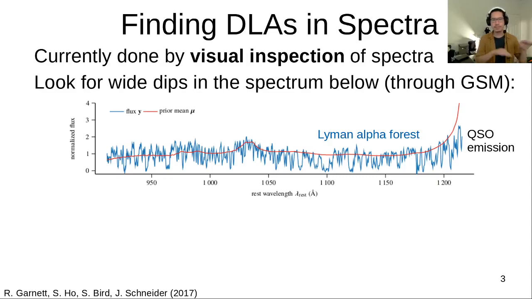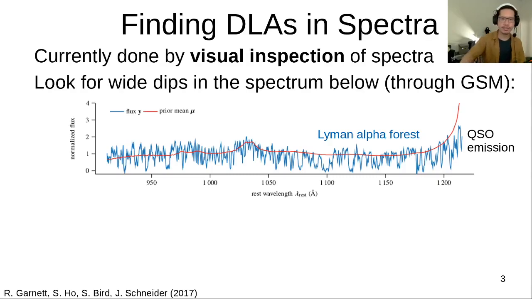Those little wiggles are caused by weak Lyman alpha absorbers in the forest. But what we want is to find the bigger and denser Lyman alpha absorbers like DLAs. The state of the art, however, is asking trained astronomers to fit the DLA profile to the spectrum by their eyes.